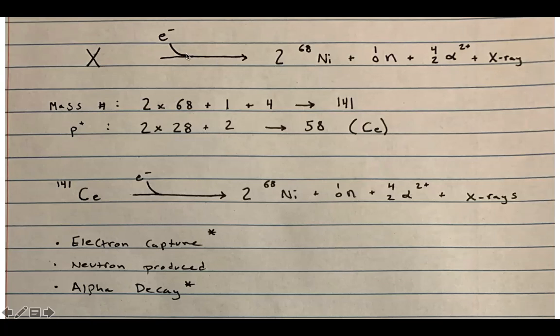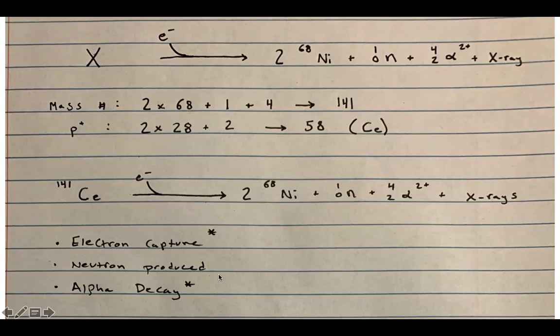Now, during this reaction, an electron came in to react with our parent nucleus, and a product was X-rays. That is an indicator that electron capture also occurred. So that one you also hopefully picked up on, that electron capture was occurring, and so X would have gained a proton and then split in half.